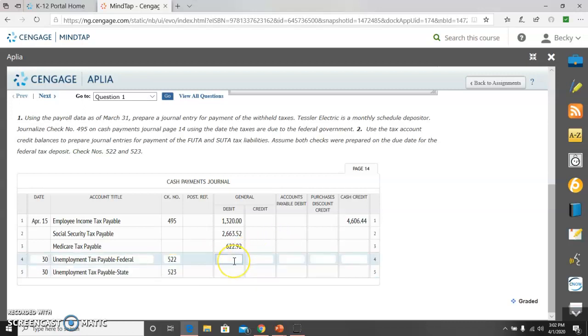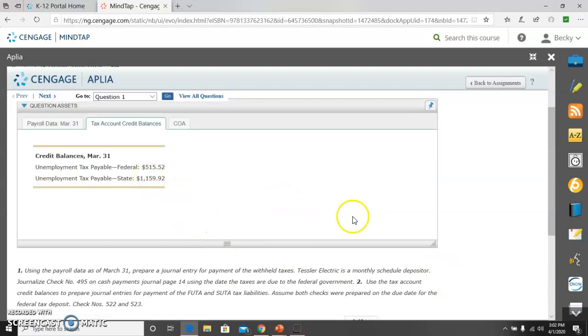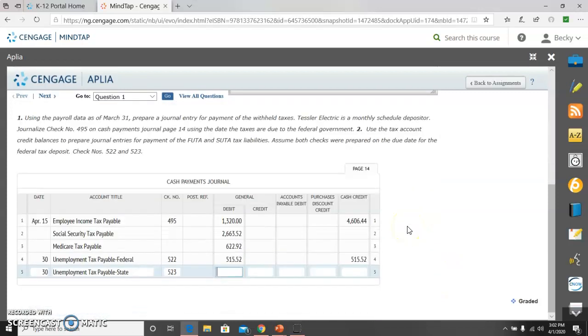So it was 515.52, debit the liability, credit cash. And then the state was 1159.92 we saw up above. So 1159.92 is the debit to the liability and credit to cash.